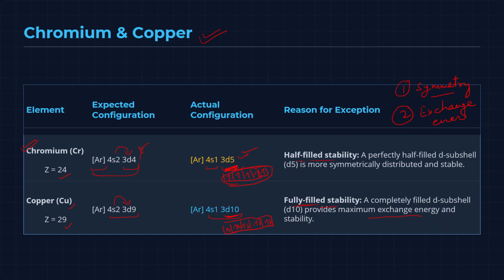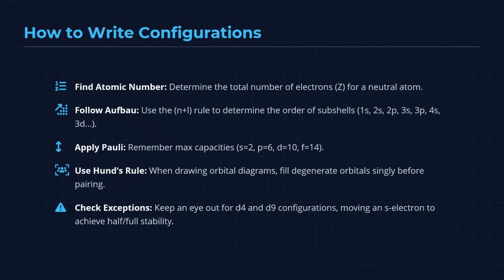Greater the value of exchange energy, more will be the stability. So in the first case and second case, where the configurations are half filled and fully filled, the amount of exchange energy will be maximum, and there will be maximum stability. So this is the exceptional behavior in the configurations.